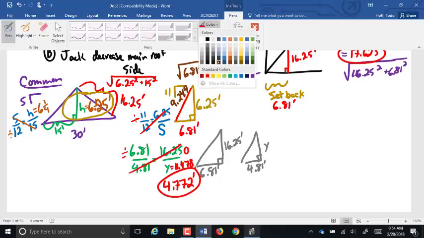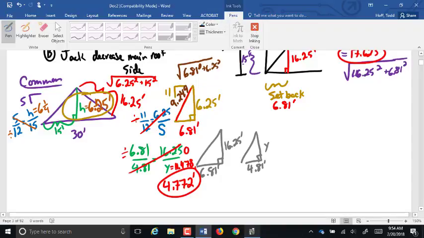So then we have the hip roof side. This is going to be 15. This will be 13. And up here is the 9.249.